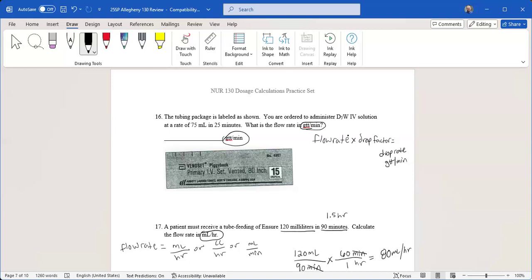So sometimes you'll see, especially next semester when you do the heparin infusions, it'll say something like a heparin rate or drip rate, a heparin drip rate. So drip rate doesn't always mean drops per minute. Sometimes they'll just use that interchangeably, because you could have something flowing at 5 milliliters per hour, which is essentially 1 teaspoon every hour dripping into the patient's IV, right?